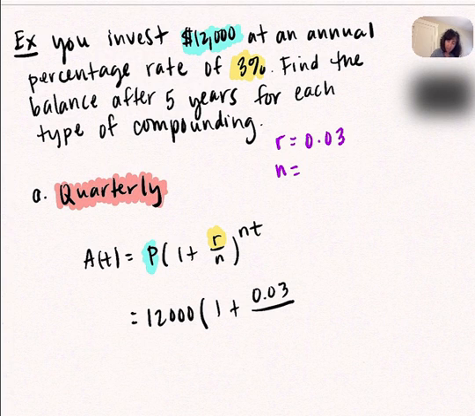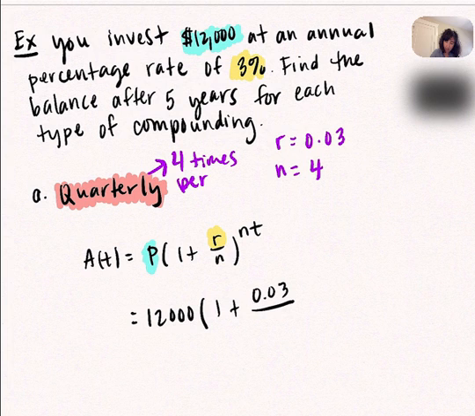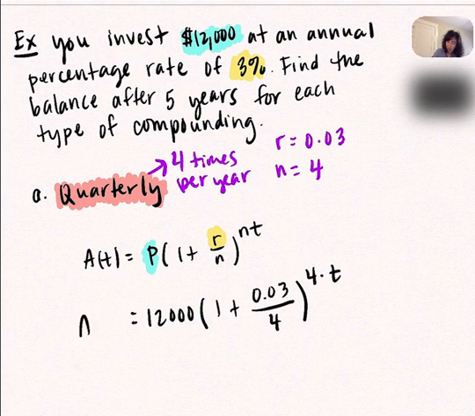So that means that N is going to be 4, every quarter. Now we have a formula for A of T if we compound quarterly. That's our formula for how much money we're going to make if we compound quarterly and we invest $12,000.